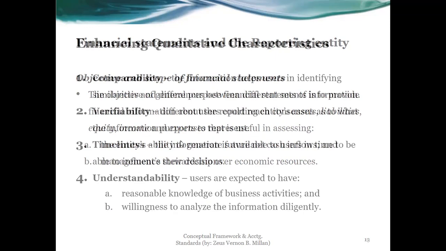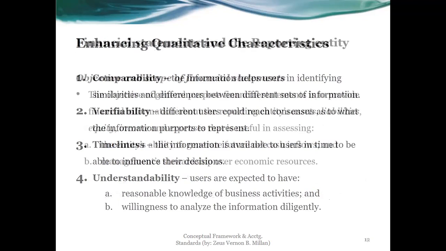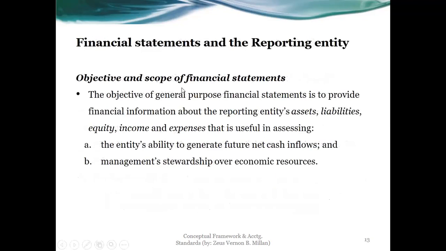So as much as possible, we want the information that we will provide to show that the entity can still obtain cash inflows. So positive, meaning the inflows minus the outflows equals still a positive amount in the future time. We want that to happen to the business.